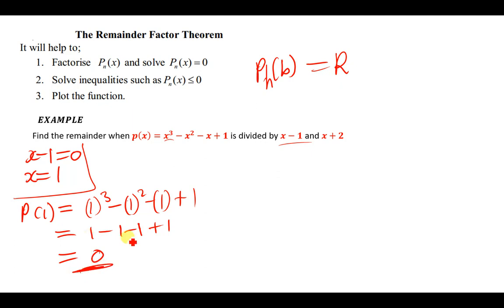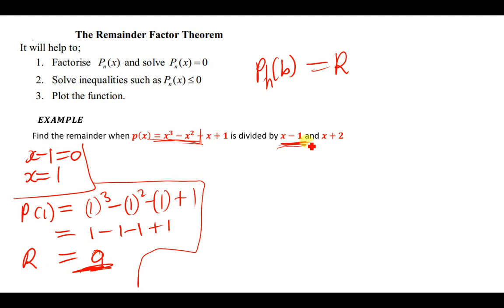So what this means is that this given expression is a factor of this polynomial. Why? Because the remainder that we were expecting to be a number or a function is 0.